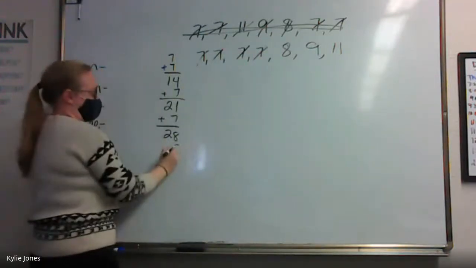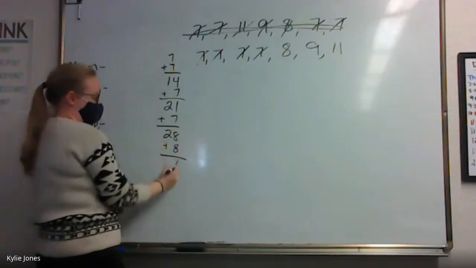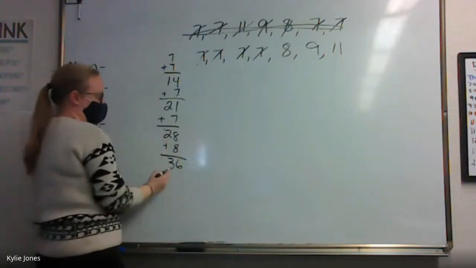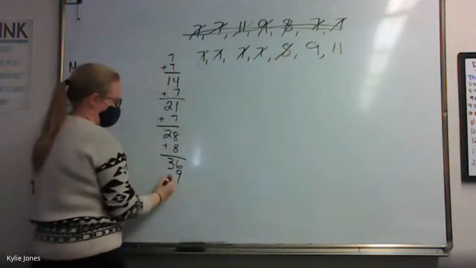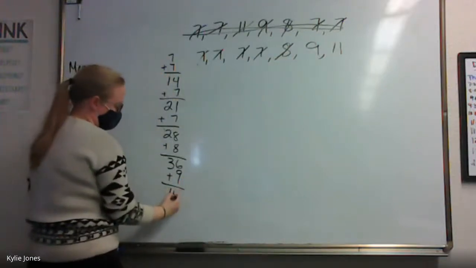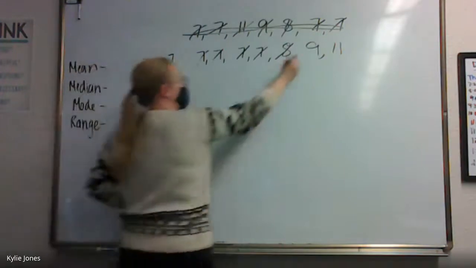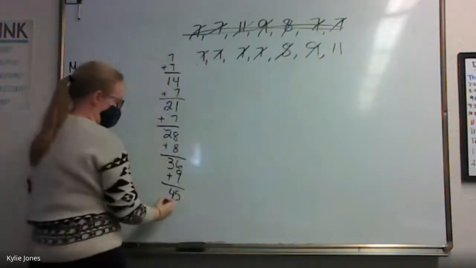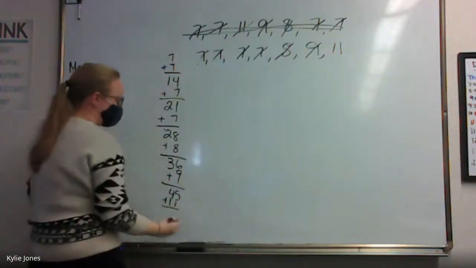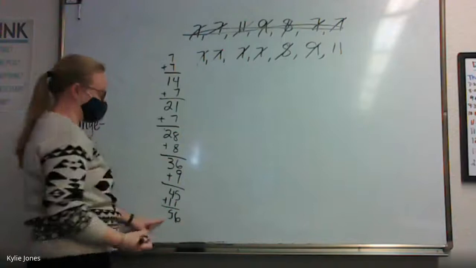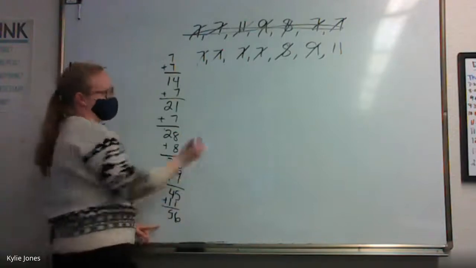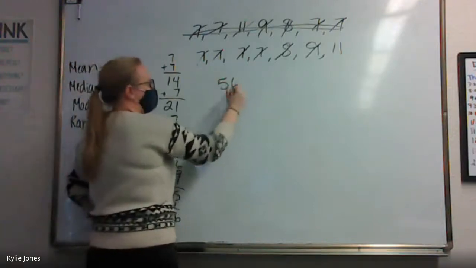Now we got to add the 8. 36. And then we got 36 plus 9. 45. Okay. And then 45 plus 11 is 56. Sorry, my handwriting got really bad. So when we add them all together, we get 56.